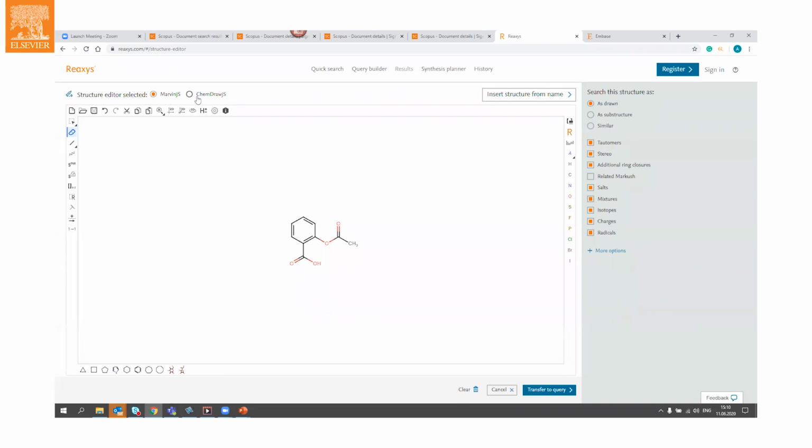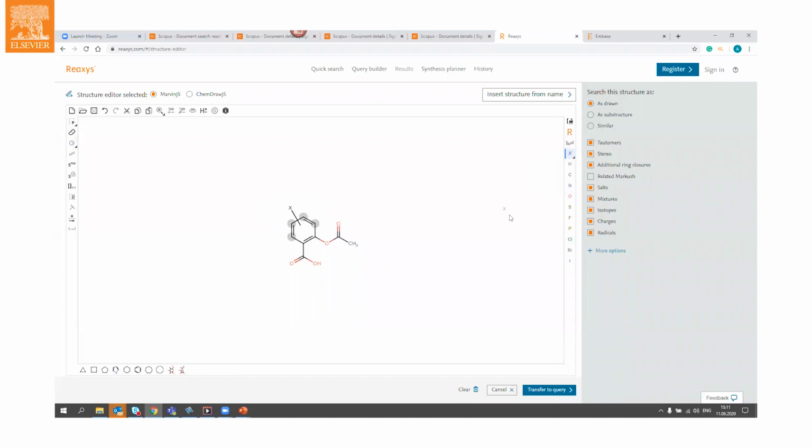First of all, you can use both Marvin.js or ChemDraw.js, whatever you want. In Marvin.js, I like this one, the position variation bond. We can add any group in any of these positions to the aspirin, and we can even set that it would be any atom, heteroatom, metal atom, or halogen.